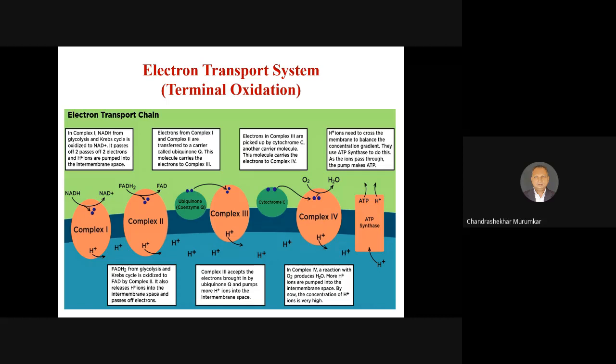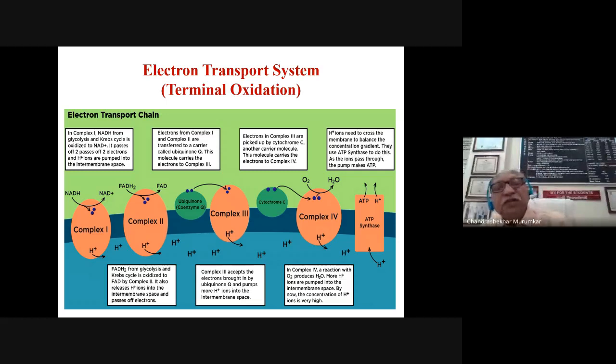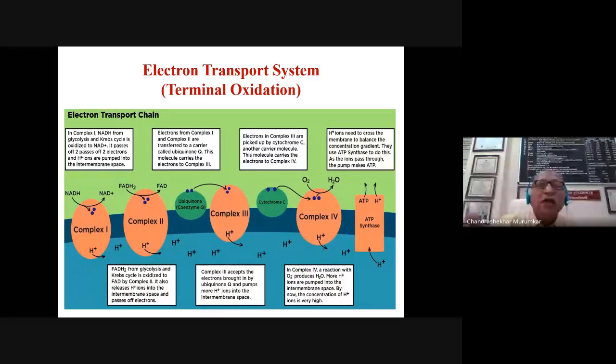So dear friends, remember, on one side we were discussing the release of electrons, on the other side the release of hydrogen protons, and at the end we have seen that these hydrogen protons are ultimately responsible for the synthesis of ATP molecule. And that's why in terminal oxidation, we are actually discussing two separate parts.